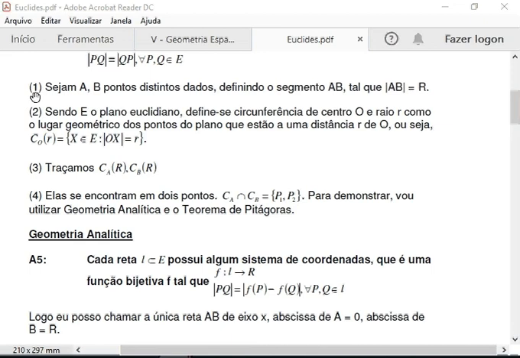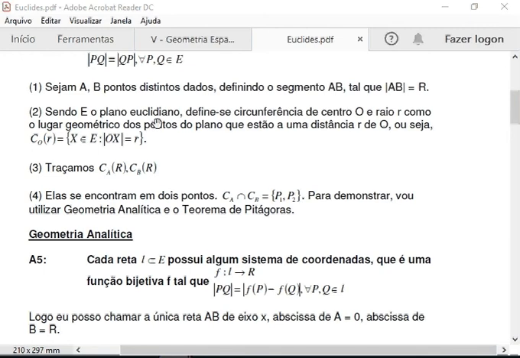1. Let A and B be distinct points given, defining the segment AB such that the distance from A to B is R, the radius. 2.